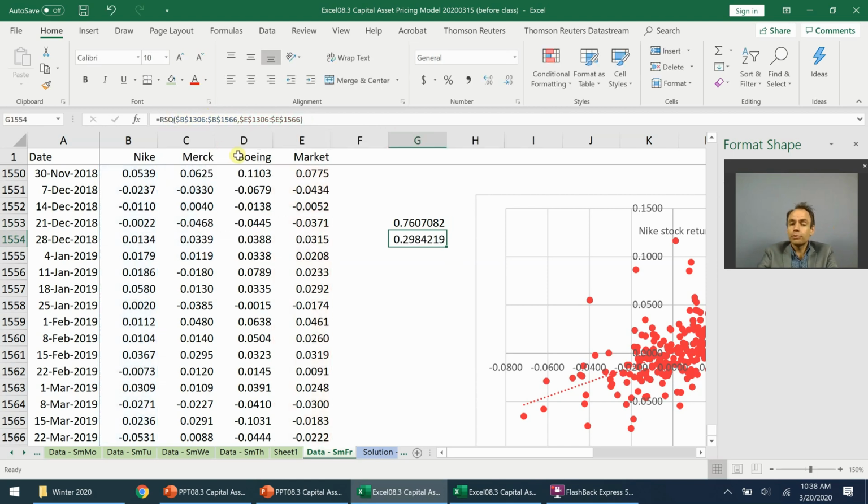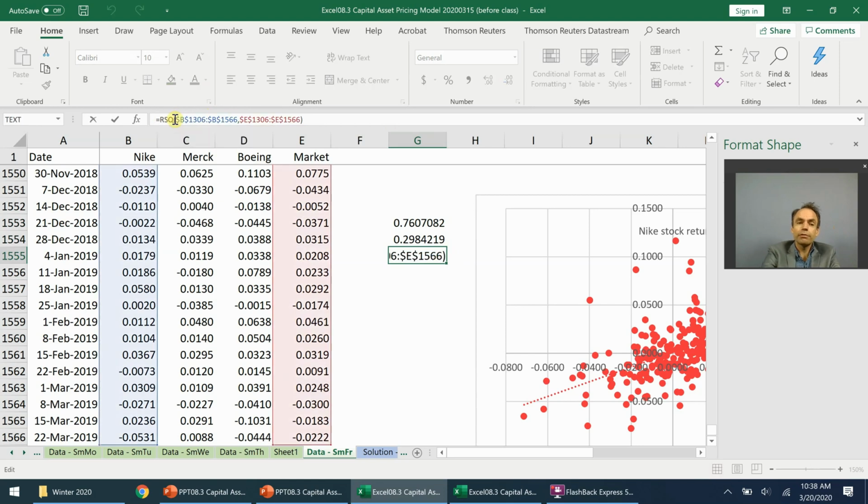That number's 0.2984. And if I want to find the intercept from that regression, I could just type equals INTERCEPT and refer to the same rows and columns, and that figure's 0.0009. So again, we have verified that we're getting the same intercept, slope, and R squared by using these functions in Excel to estimate beta.